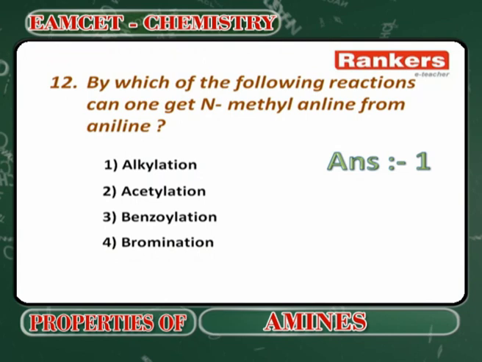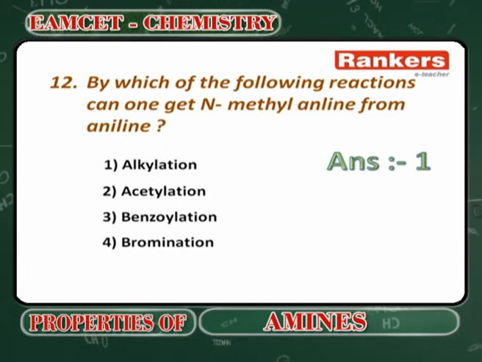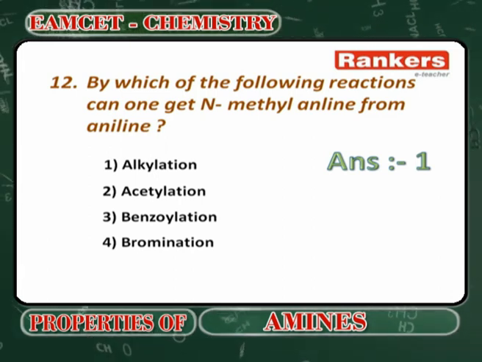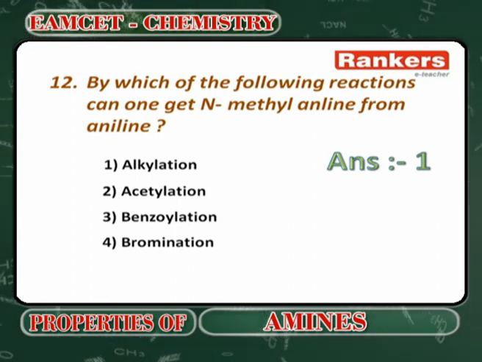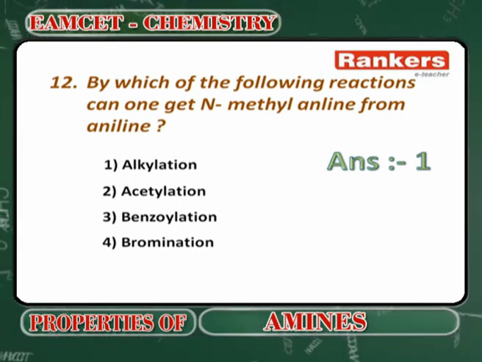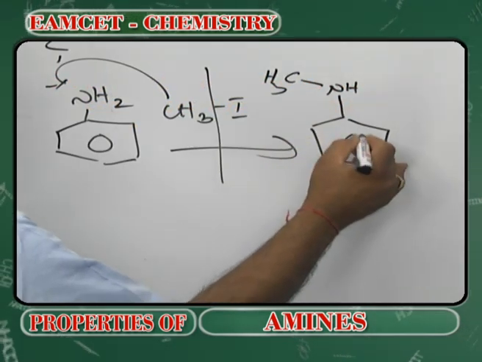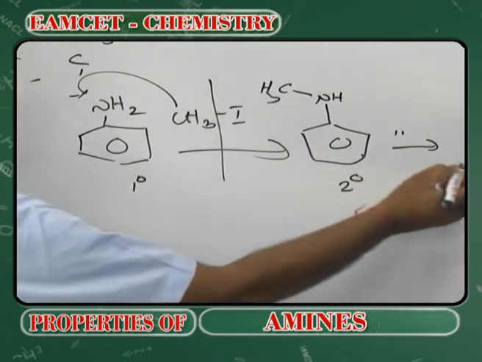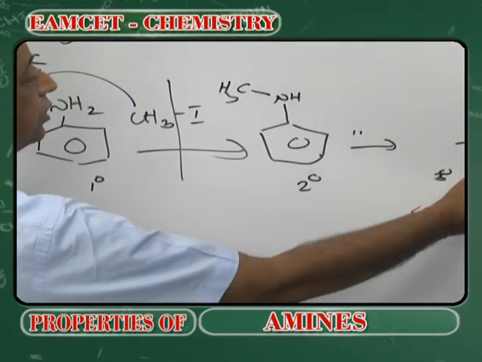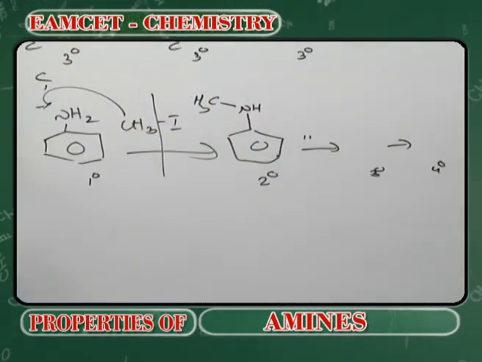If methyl chloride is used, it is cheaper, but the reaction will be slow. Iodide immediately reacts, so you will get N-methylation of aniline. One methyl comes here. One more subsequent reaction makes it a 3 degree amine, and a subsequent reaction gives the 4th degree, a salt. Okay?